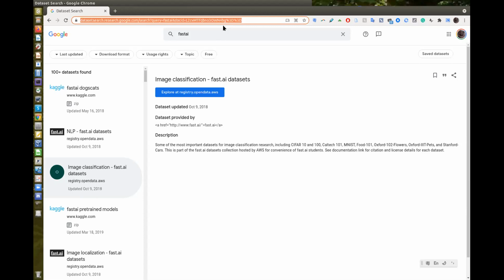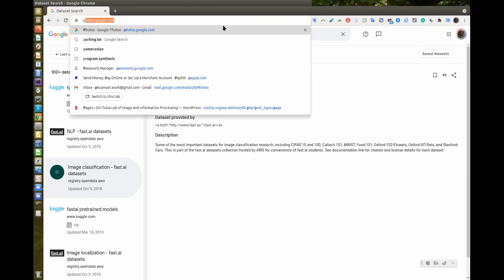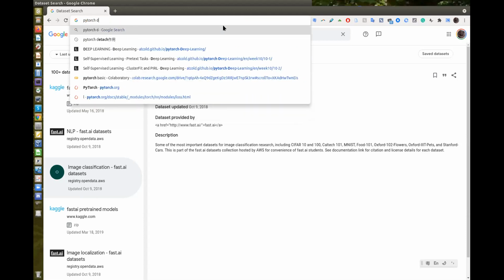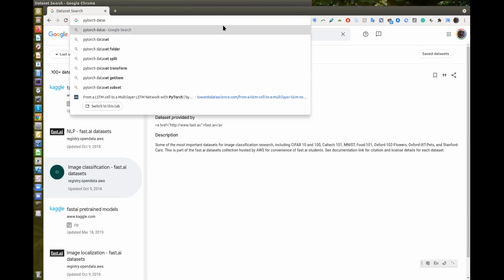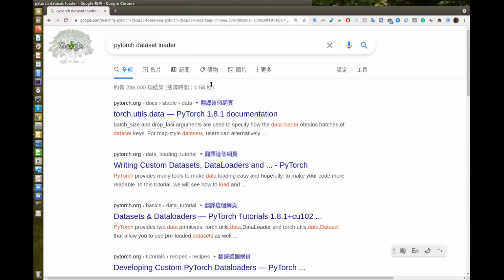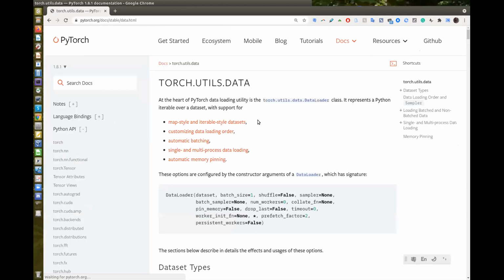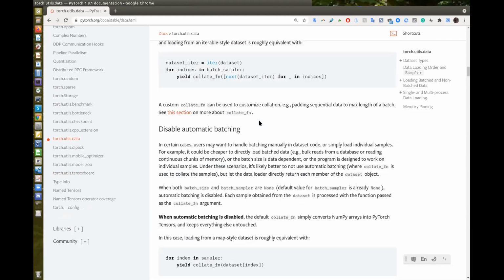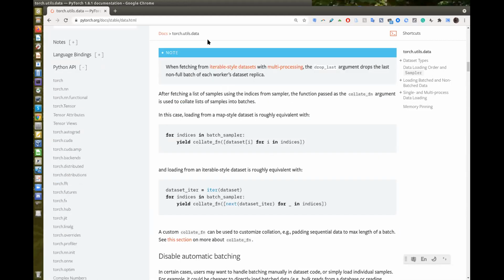Let me just Google quickly. Actually, some common data sets, if you look at packages like PyTorch and TensorFlow, they have data loaders for some common data sets.